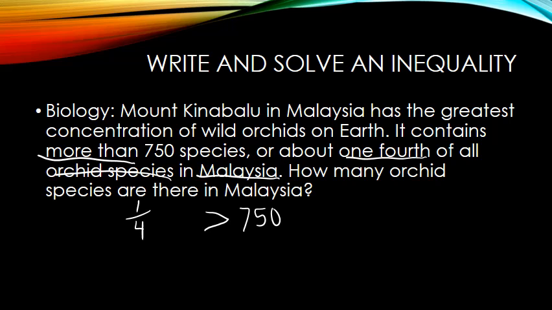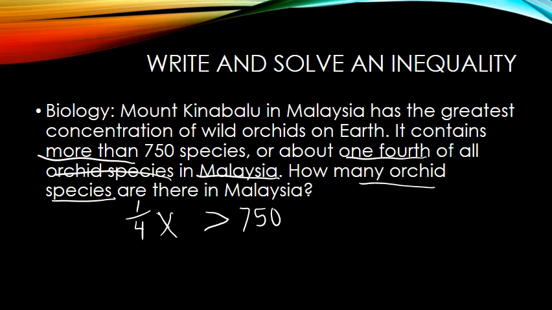And they have more than 750 species. Let's see, we need a variable for an orchid. I don't like O. We'll just use X. X represents all the orchid species in Malaysia. Okay, so we got 1/4 X is greater than 750.